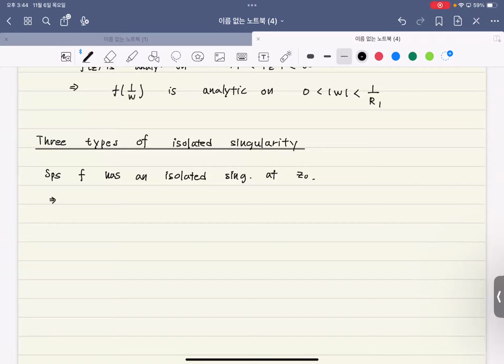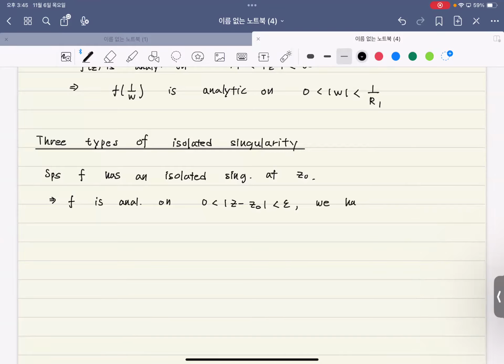Then, since my singularity is isolated, f is analytic on this deleted neighborhood with radius epsilon. And on this deleted neighborhood, we can find a Laurent series of the function f about this point of singularity.